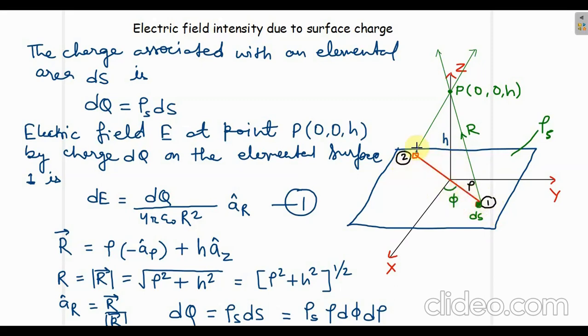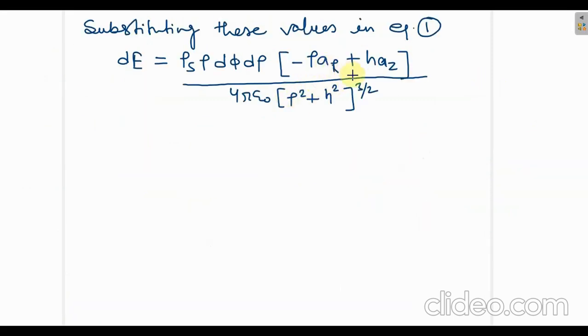So we have these two vectors, the a rho component and the a z component. Since I have explained that due to symmetry the a rho component will cancel out, it is no more going to exist, so we will make it 0, and only the component along a z will exist.